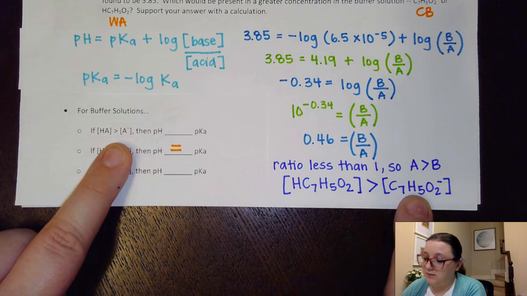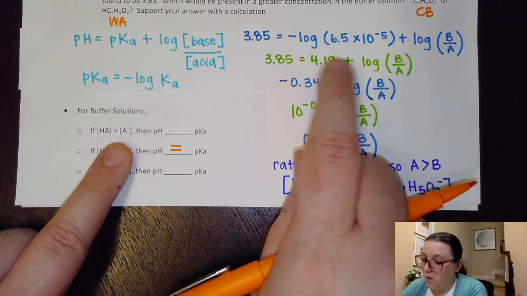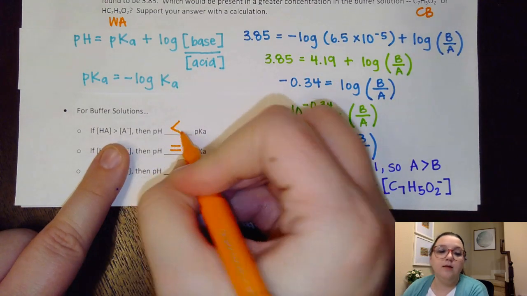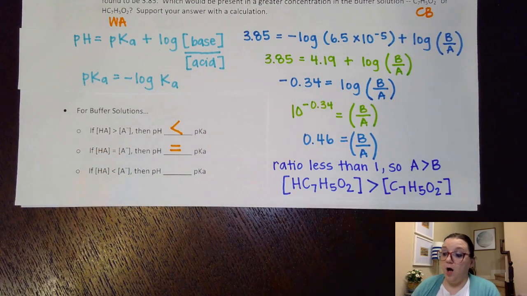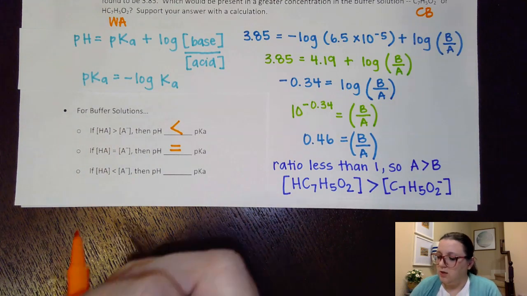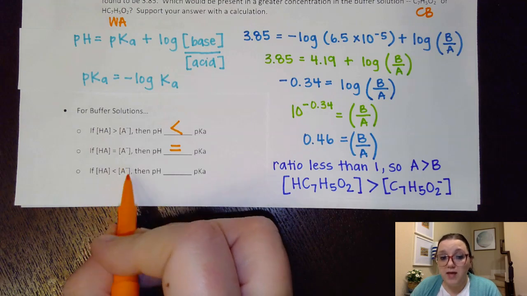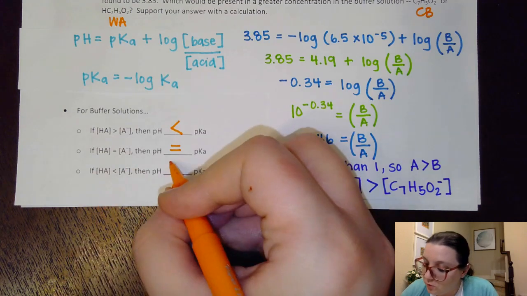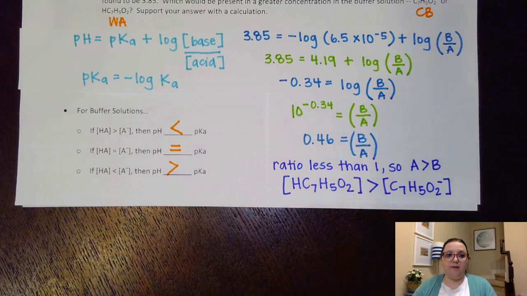So when this happens, as we saw up here, what that means is that my pH should be smaller than my pKa. On the flip side, I know we haven't seen one like this, but process of elimination here. If the conjugate base is greater than the acid, then the pH must be greater than the pKa.